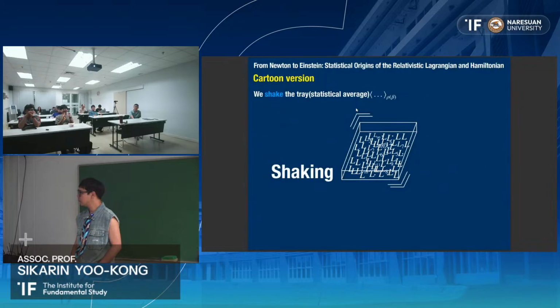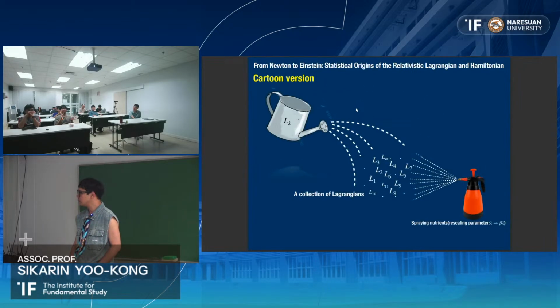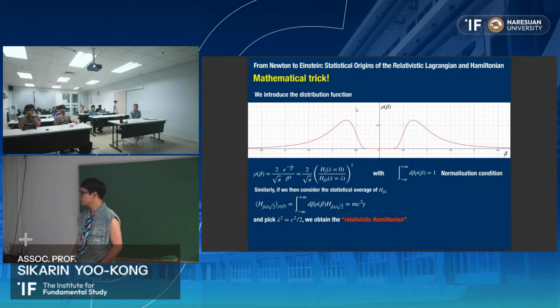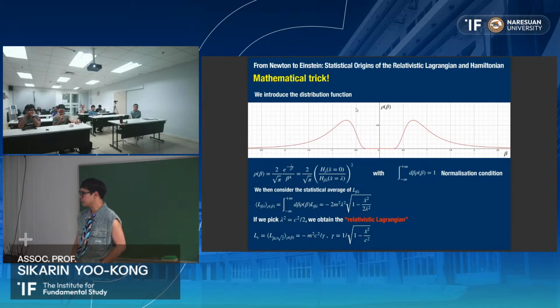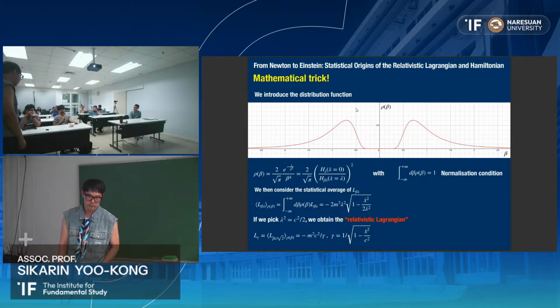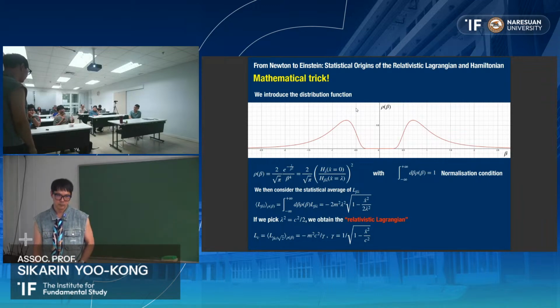Okay, you said that you pick a family of Lagrangians, right? And then you integrate that family of Lagrangians with respect to this distribution, and you get the relativistic Lagrangian. So my question is, is it possible that the family of Lagrangians that you pick is universal, in the sense that the Fourier transform is universal?